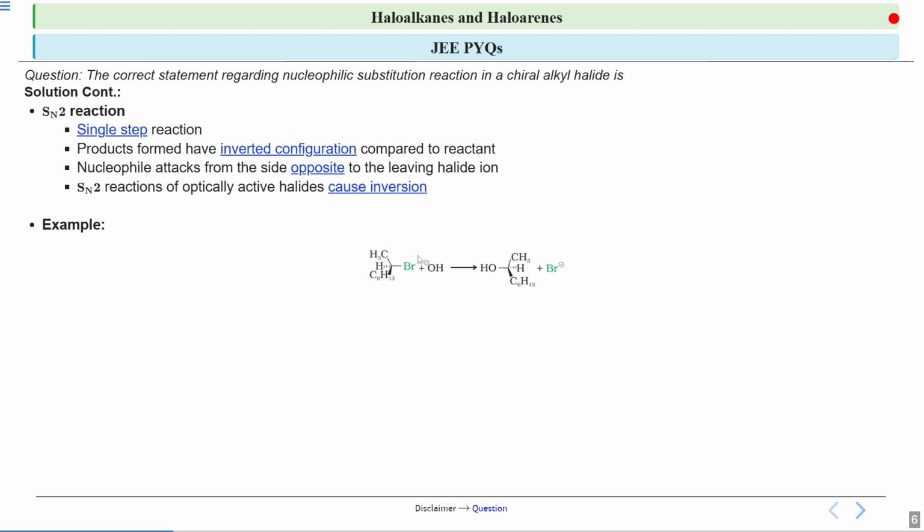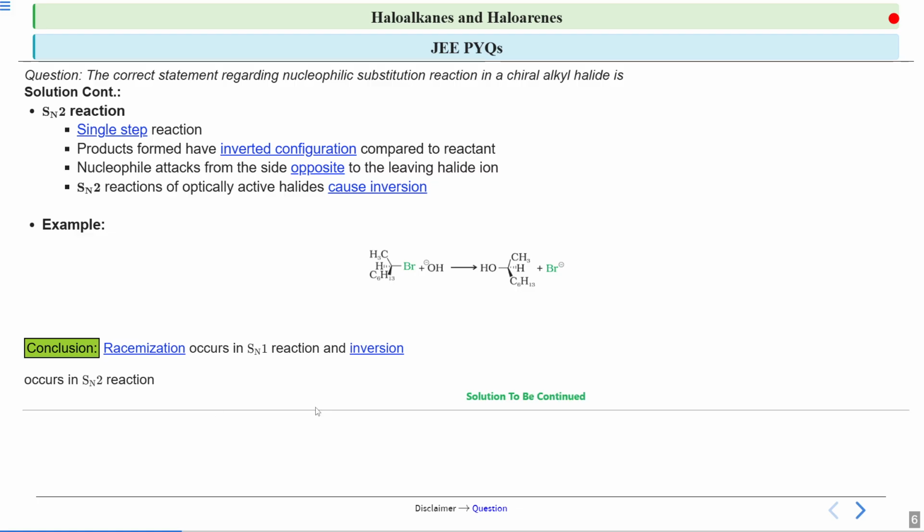You can see both the configuration of reactant and the product. Reactant and product configuration are opposite, inverted. So the conclusion is that racemization occurs in the SN1 reaction and inversion occurs in the SN2 reaction.